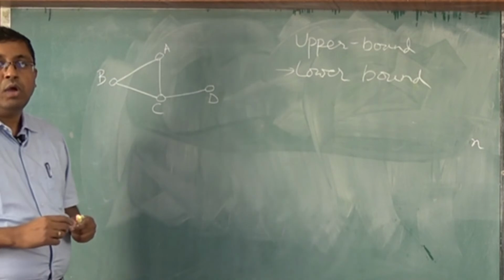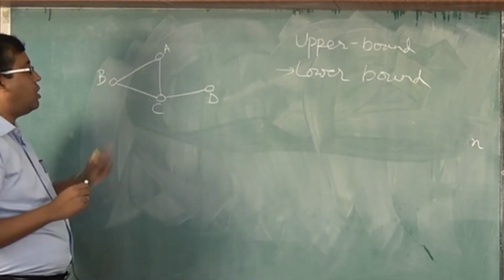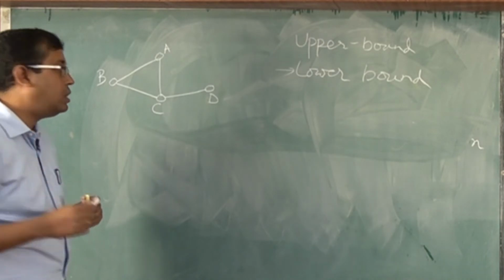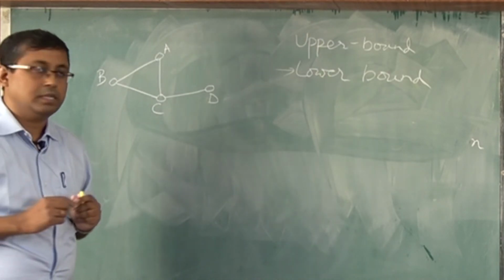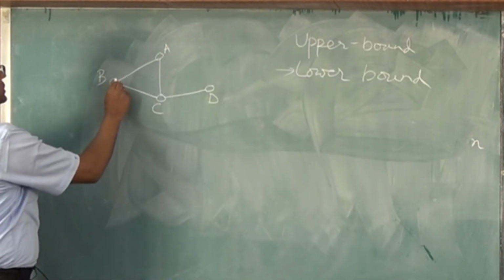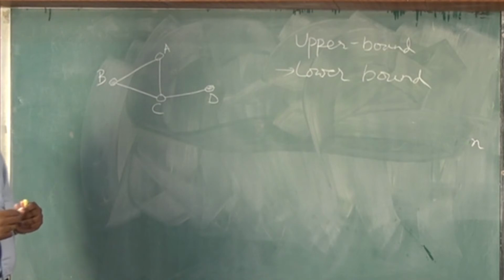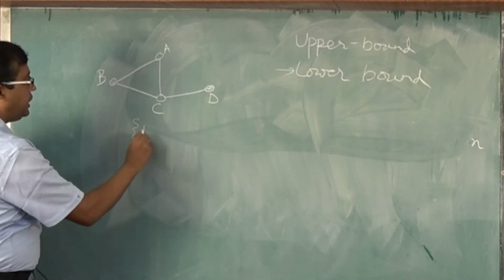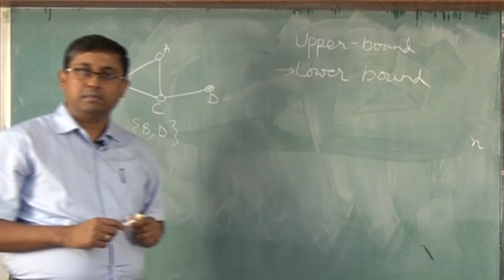Okay, the set of vertices of the graph which are not adjacent to each other is called an independent set. So in this particular case, B and D are not adjacent to each other. So this set BD is an independent set.